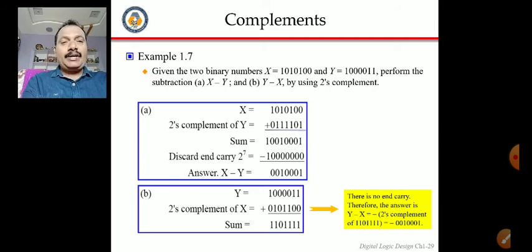So the 2's complement of the subtrahend y is 01111101.